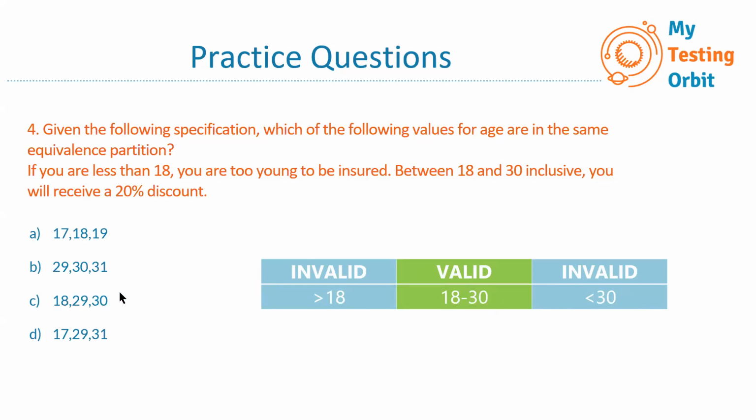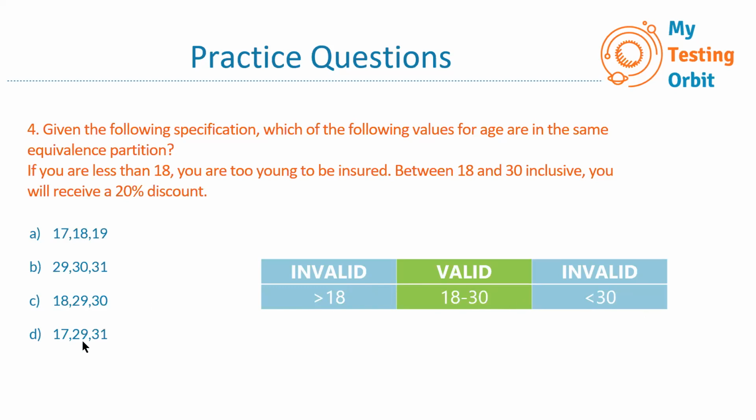The third one is 18, then 29 and 30, and all these 3 values fall in this class. So C is the correct option. Let's see why D is not the correct option. 17 falls in this range, 29 in this one, 31 in this. So for option D, we are taking values from each different class.